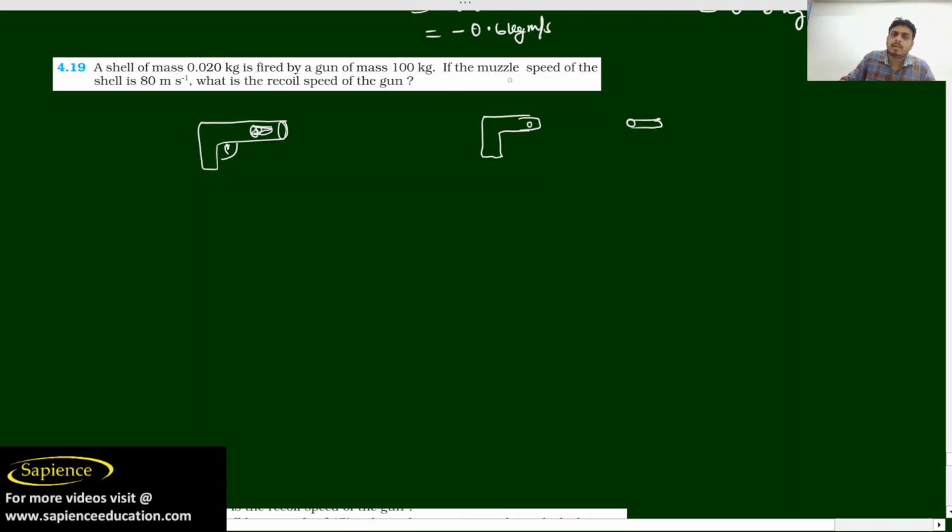If the muzzle speed of the shell is 80 meter per second, what is the recoil speed of the gun? The speed of the shell is 80 meter per second, and we want the velocity of the gun, which we don't know. Initially everything is at rest, so the initial momentum p initial will be equal to 0.